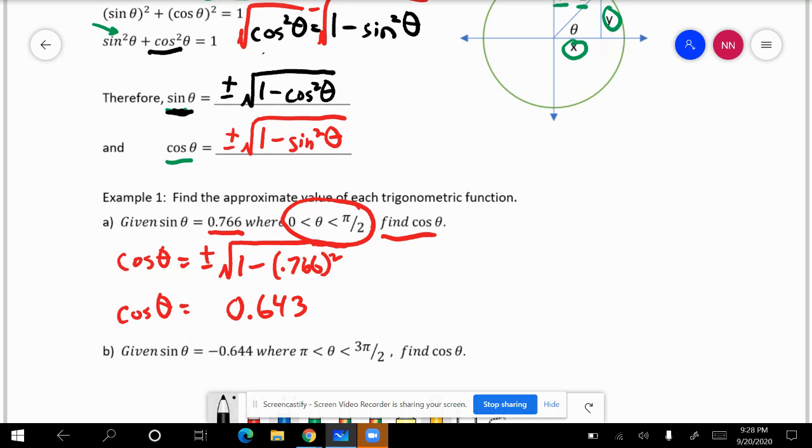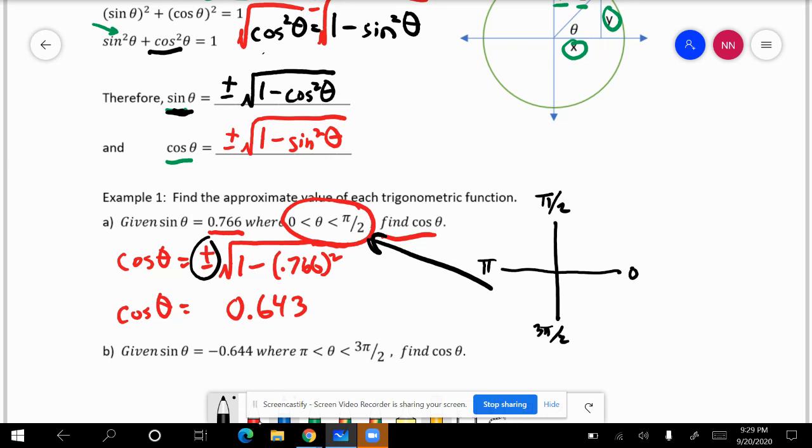Now there's a problem. We're not sure if it's plus or if it's minus, and that's where the quadrant comes in. We're going to figure out what quadrant it's in. We have 0, pi halves, pi, 3 pi over 2, and then when we go around again, it's 2 pi.